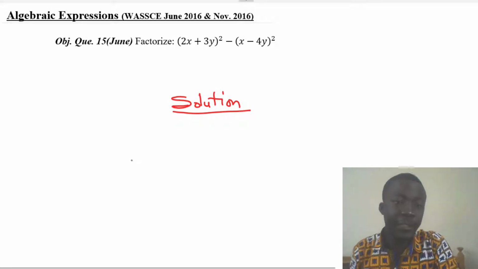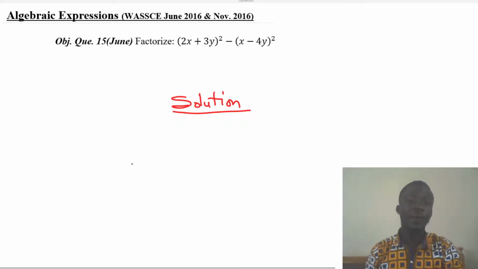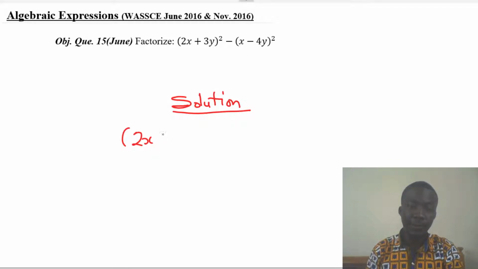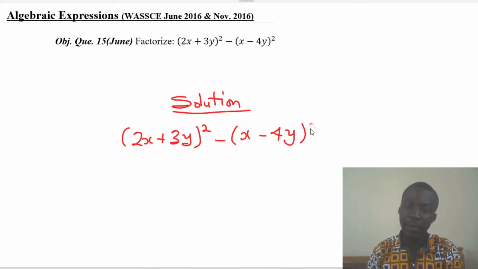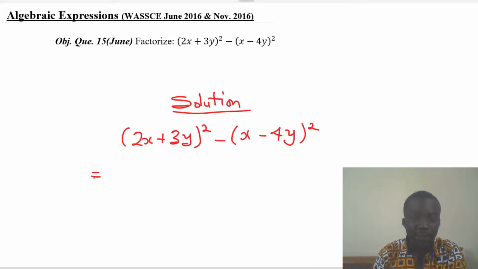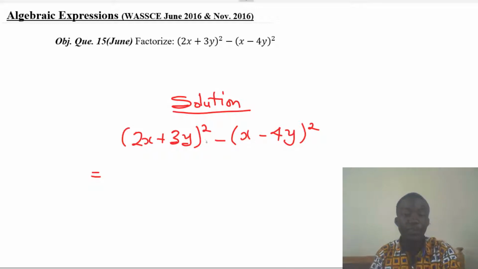In objective question 15 June, we have to factorize (2x plus 3y) all squared minus (x minus 4y) all squared. This is difference of squares.